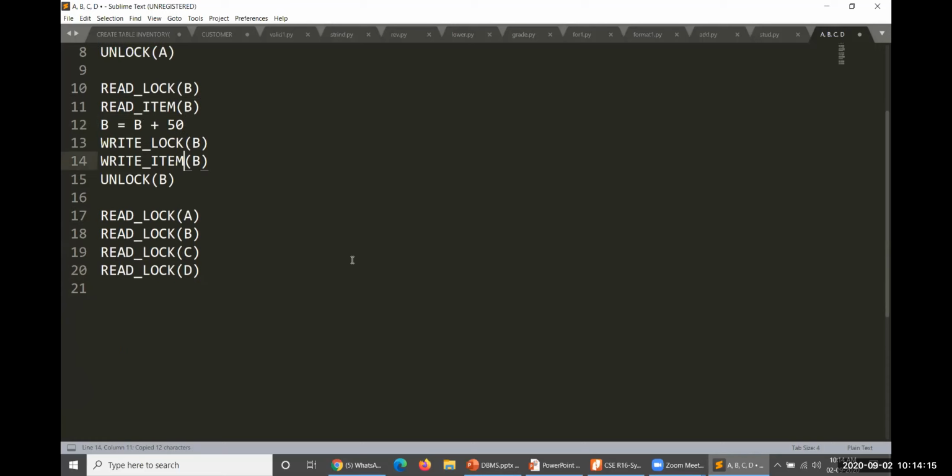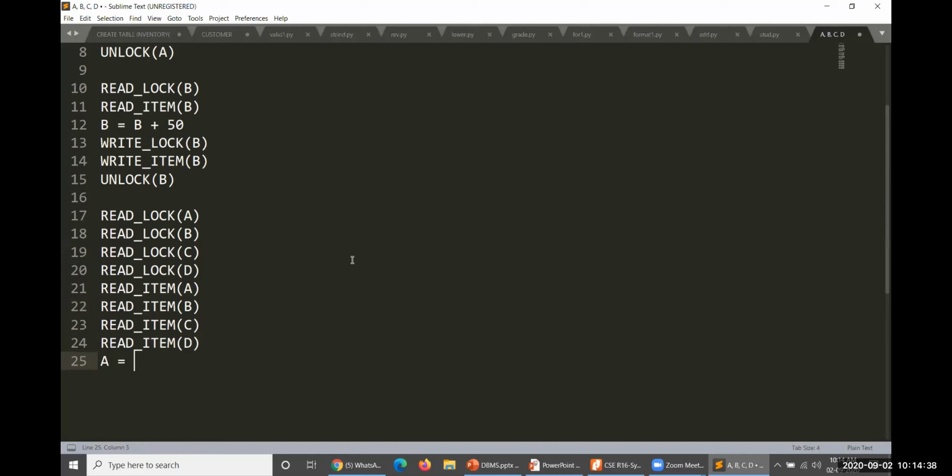After completion of this, you have to read the items. Of course, the order might be our own, but all read items will be available at the same place: read item A, read item B, read item C, and read item D. Yes, everything has been read. Now you could operate your own operation.